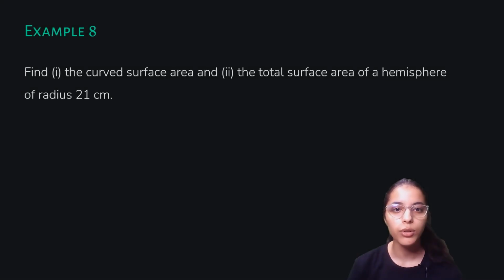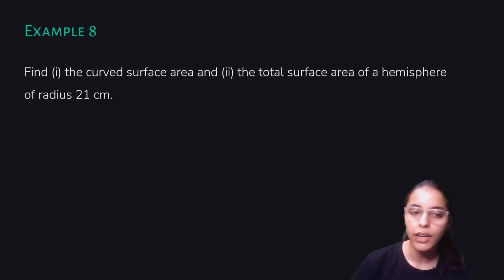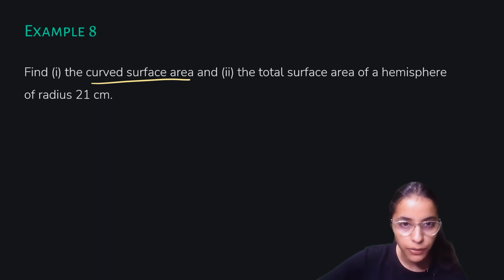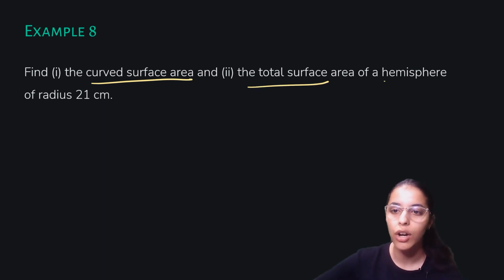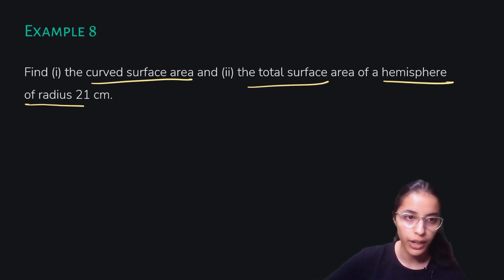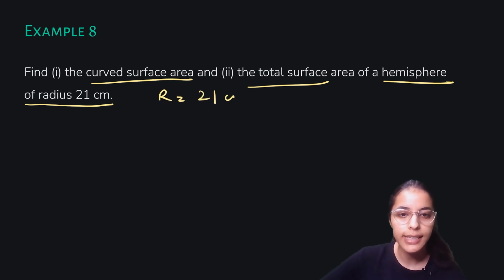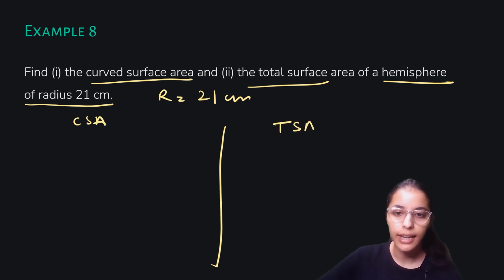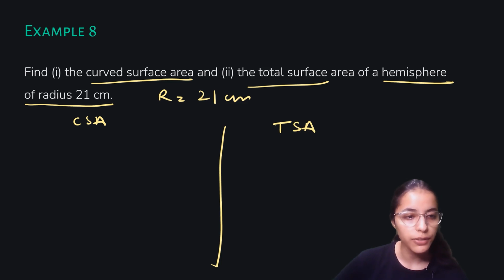Now let us move on to our next example, example number 8. Here we are asked to find the curved surface area and the total surface area of a hemisphere of radius 21 centimeter. So now our radius is 21 centimeter. We have to find CSA and total surface area. For curved surface area, we know the formula is 2 pi r square.